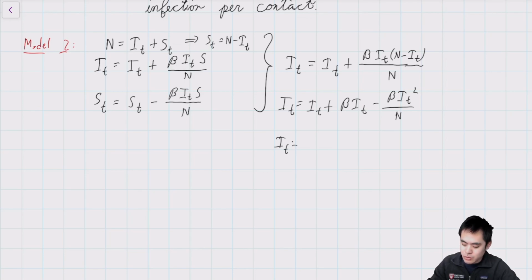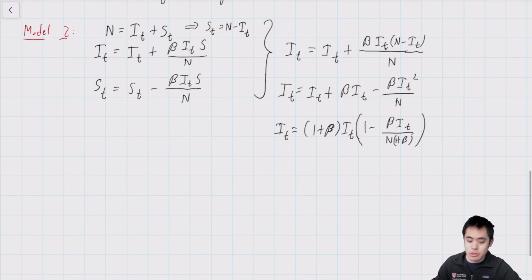So then I_{t+1} is equal to (1 plus beta) times I_t times (1 minus beta I_t divided by N times (1 plus beta)). And I'm rewriting it this way for a very particular reason, which is that then we can do a change of variables. So let's change variables.